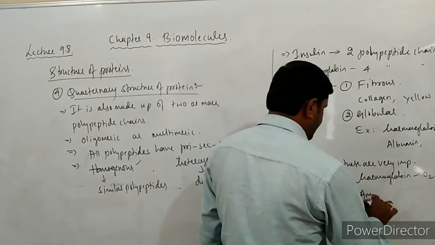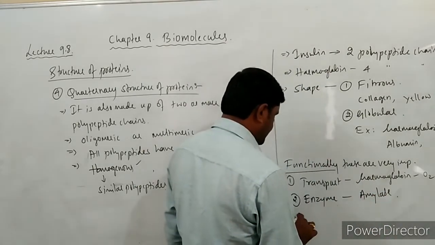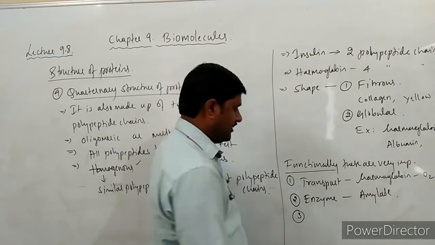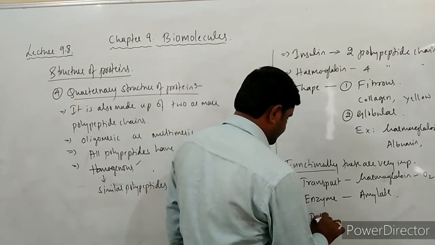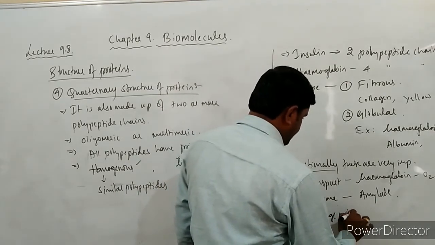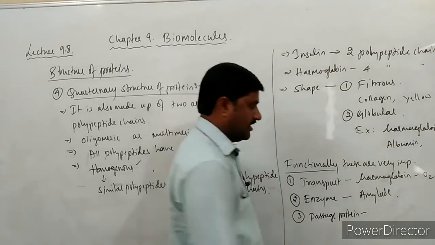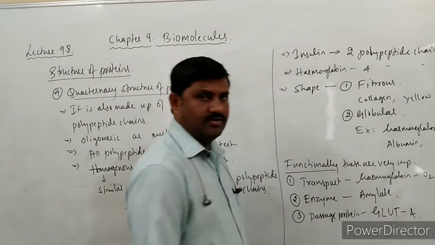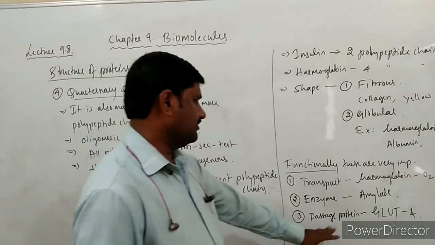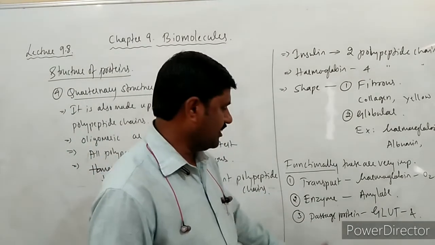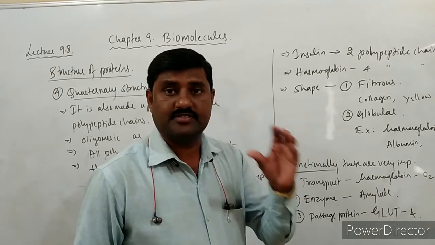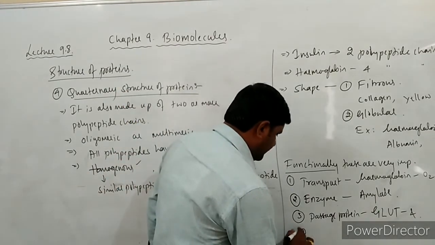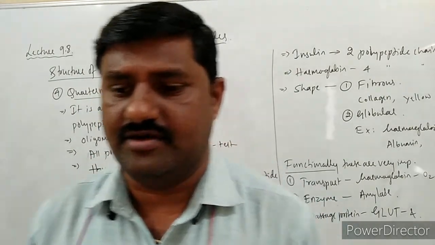Amylase enzyme is an example. Even passage proteins, for example glucose transporter number 4, a transport protein present in the plasma membrane, right?